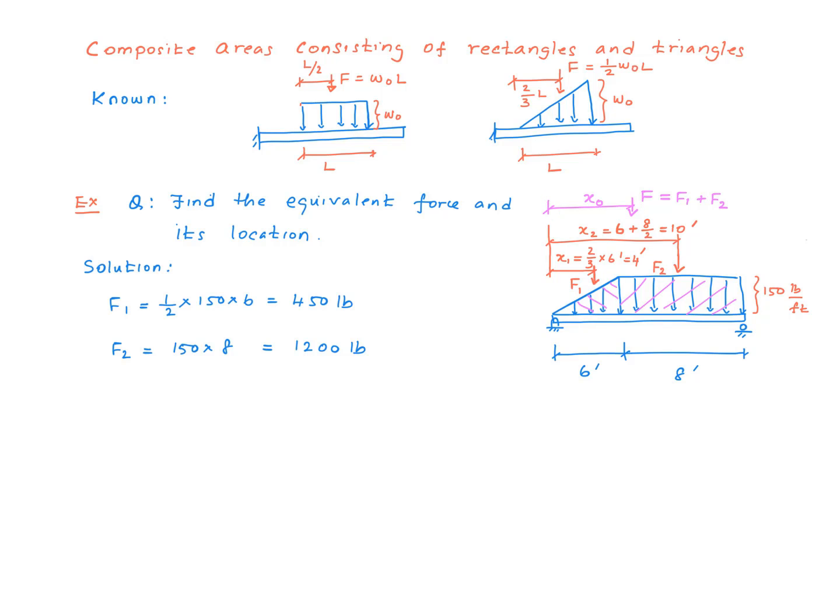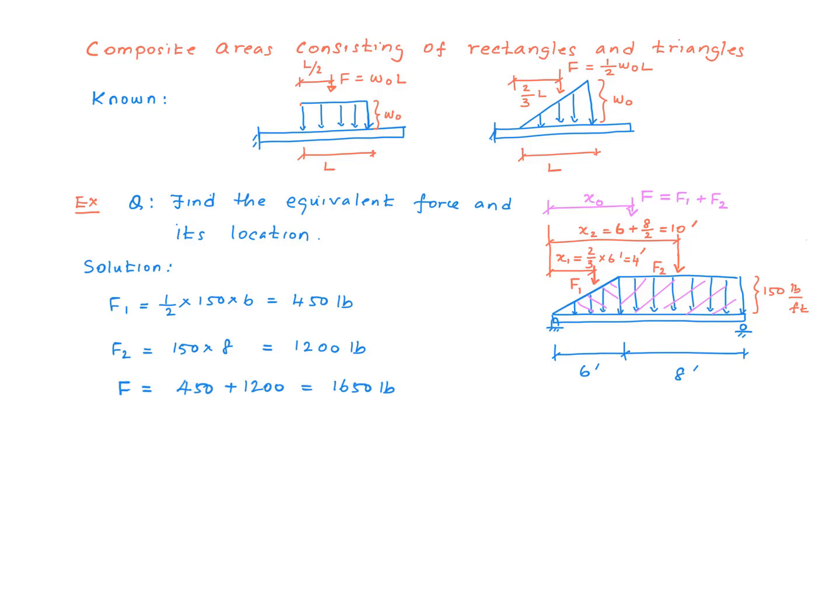So here are the calculations for the resultant forces. So F1 is the area of the triangle, which will be half times 150 multiplied by 6, and I get 450 pounds out of that. F2 is the area of the rectangle, which will be 150 multiplied by 8 feet, and that gives me 1200 pounds.